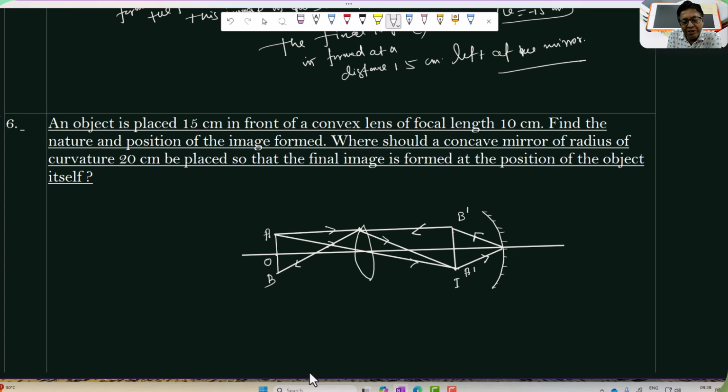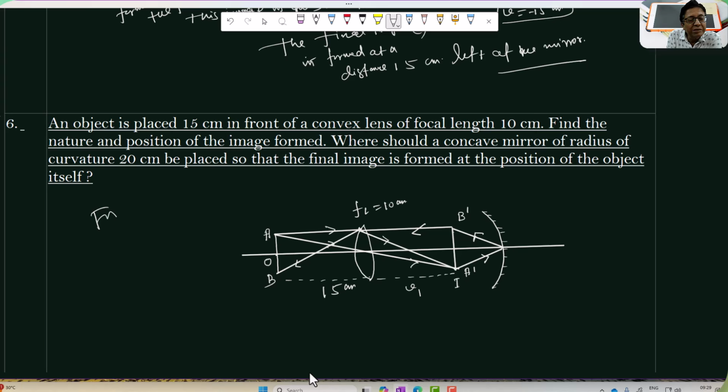Object position is 15 centimeter and focal length is 10 centimeter. This is the position of image v, or v1.